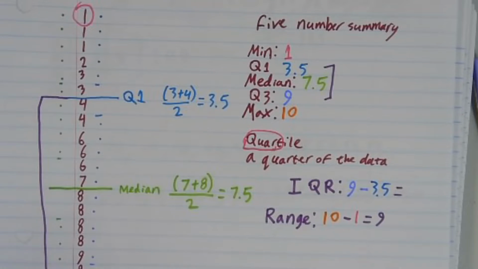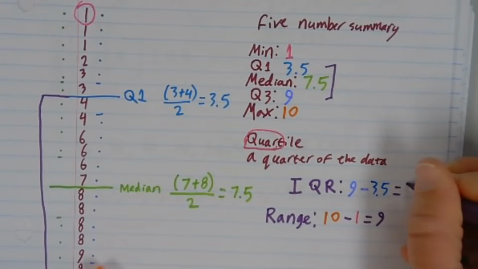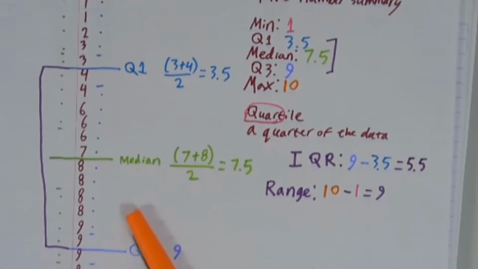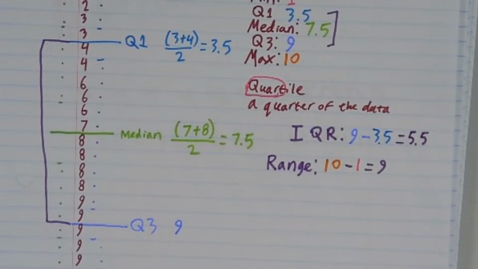And 9 minus 3.5 is 5.5. So my IQR is 5.5. So that tells me the middle half of my data.